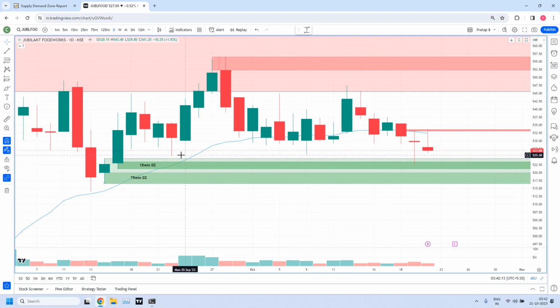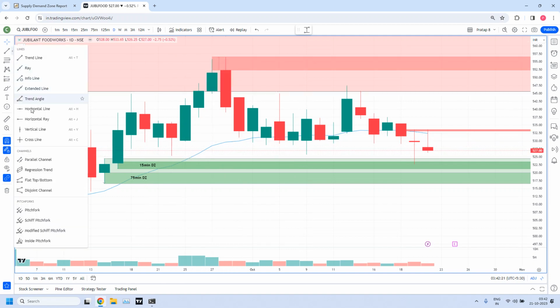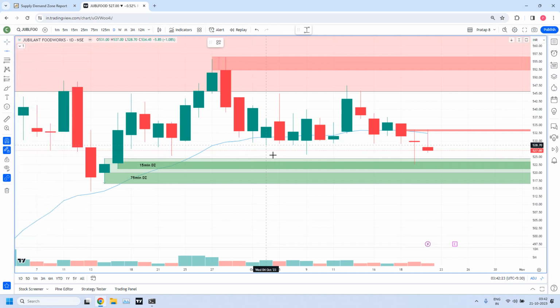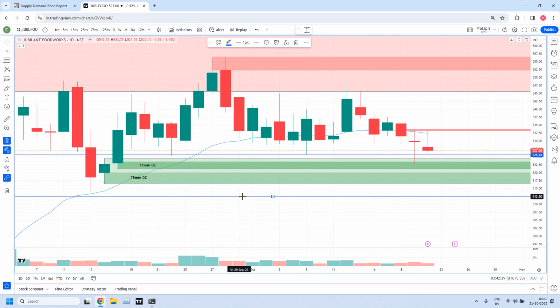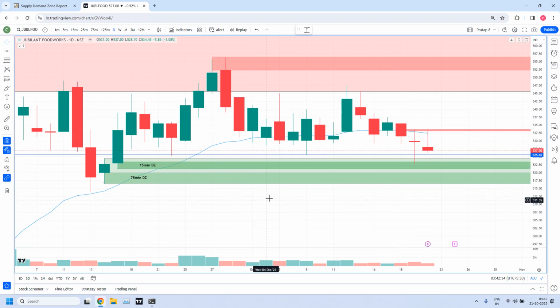That means there is a heavy order flow from here, right? Let me draw a horizontal line. So this is the first time price reached near this area and failed to get an entry, but prices were pushed up and reached this high liquidity supply zone.